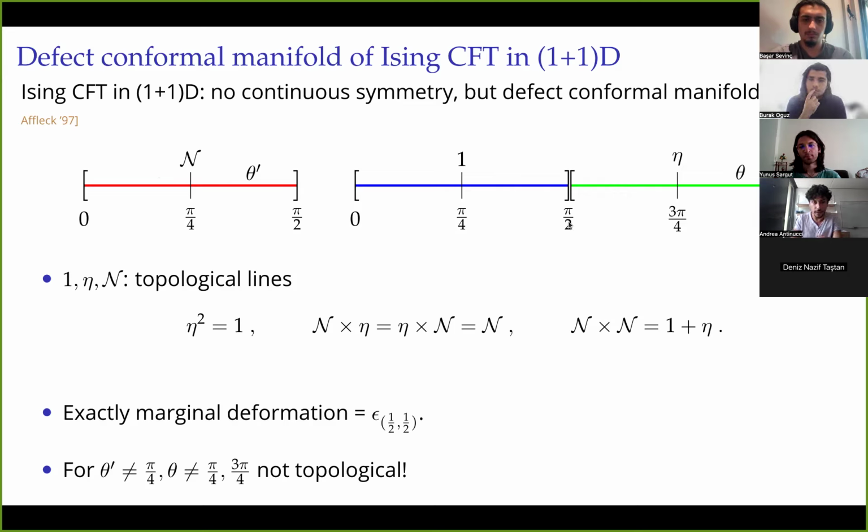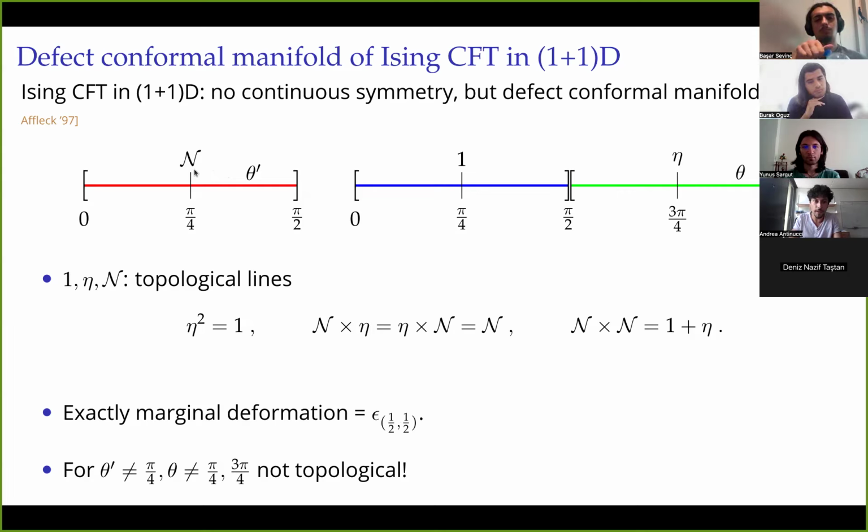And these are intervals, so they are not homogeneous spaces. This also tells you that this cannot come from the breaking of a continuous symmetry, as I just explained. They are all obtained starting from the three topological lines, 1, eta, and N, by deforming with the epsilon operator of the Ising CFT. This is an operator of dimension 1. It turns out to be exactly marginal when you add it on the line, so the coupling will not get an anomalous dimension, and you generate these conformal manifolds.